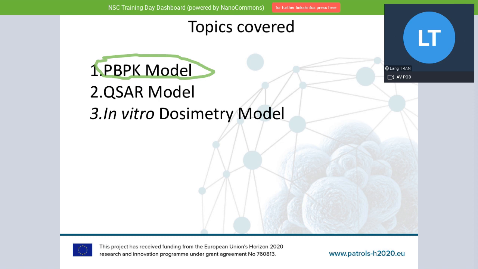The third one is a practical type of model, where we want to work out the amount of particles that get to the cell in an in vitro model, because between the particle and the cells there's a layer of liquid, and depending on the characteristics of the particle, they do not go straight into the cell. They will take time to accumulate down at the bottom.